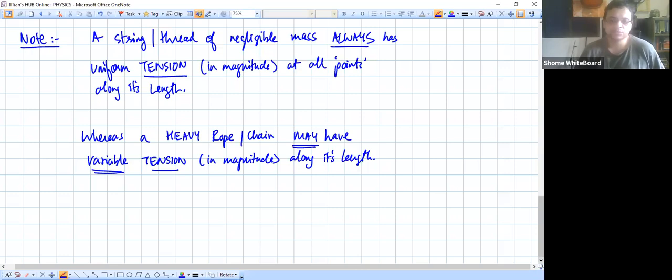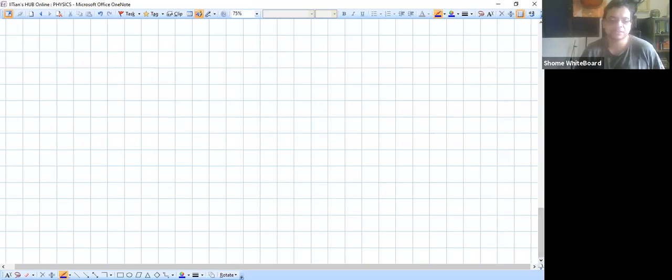The simplest way of understanding this point is through this next example. Suppose we have a chain like this.